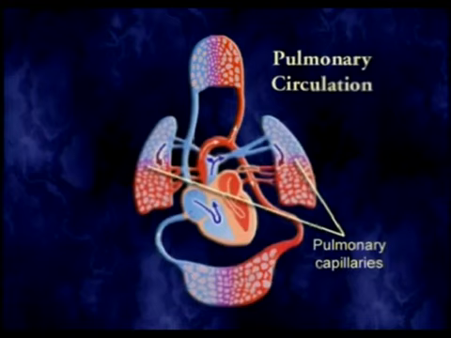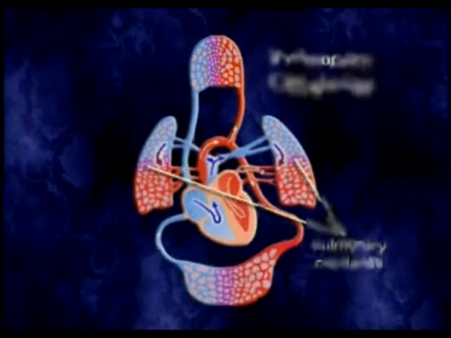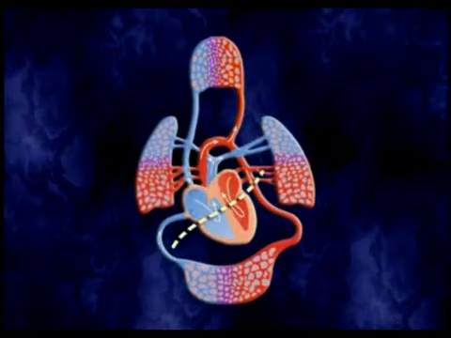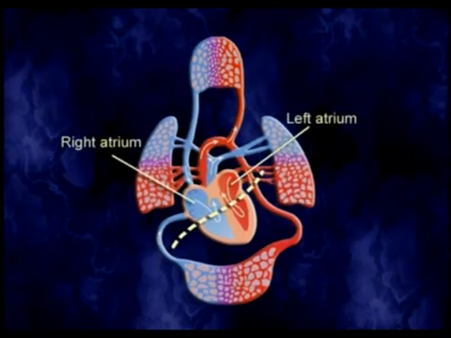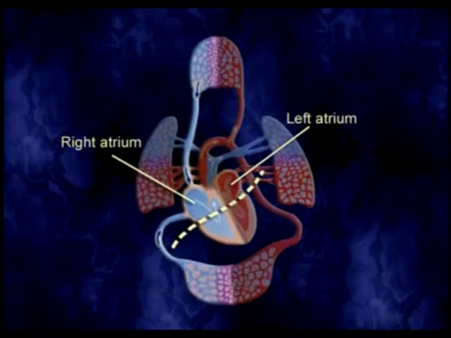The left side is going to be pumping at a much higher pressure, probably about 4 times as much pressure as the right side, which is only pumping to the lungs. So the left side of the heart is much, much thicker. Its wall is 4 times as thick as the right side.